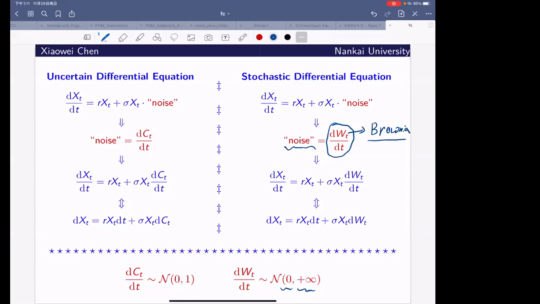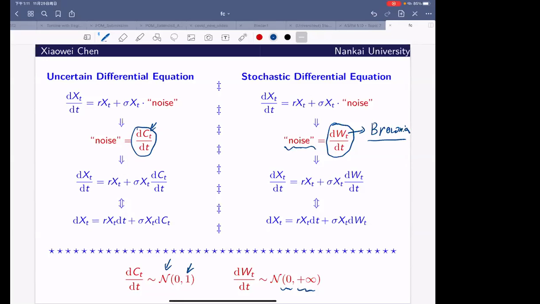So Professor Liu created a new tool, the Liu process. For the Liu process, we use dC_t over dt as the noise, and this noise follows the uncertain normal distribution with expected value 0 and variance 1.